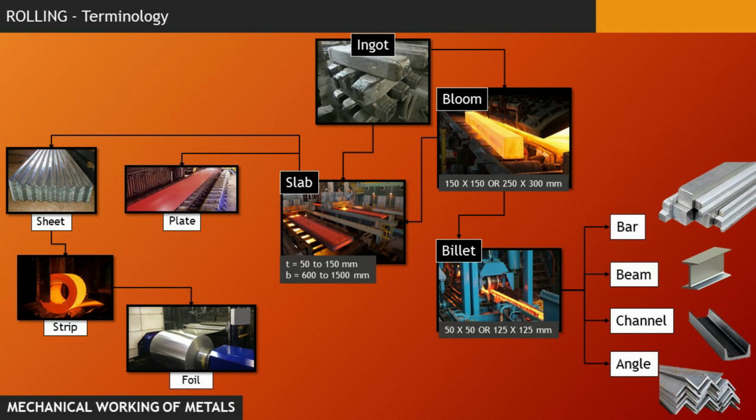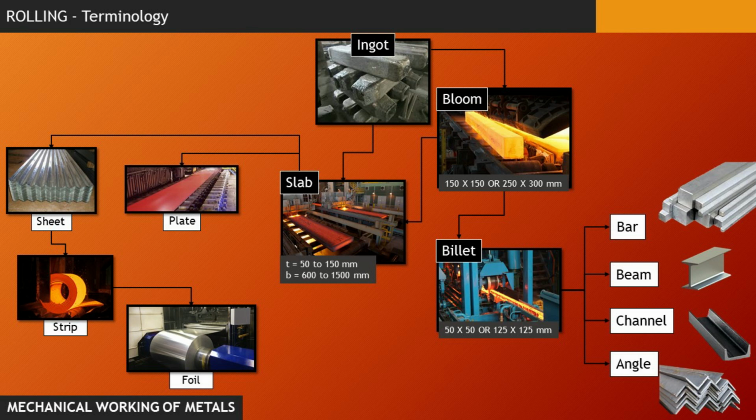So these were the terminologies regarding a rolling mill. One thing remaining is the products that I used to make when I was working in a rolling mill. These products are bar, beam, channel and angle, and these are structural products.